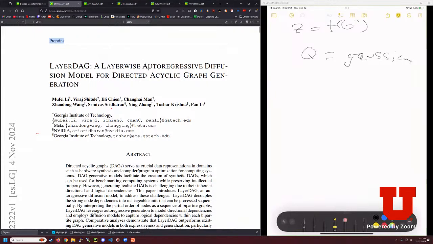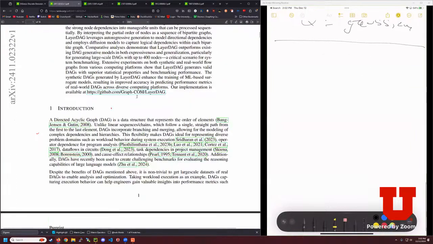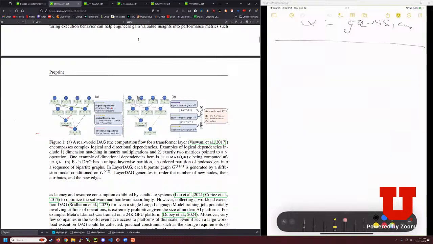The important observation they made about DAGs is that you can view a DAG as a bipartite graph, where if you have your first layer of 4 nodes, the existing nodes form a bipartite graph with the next nodes.